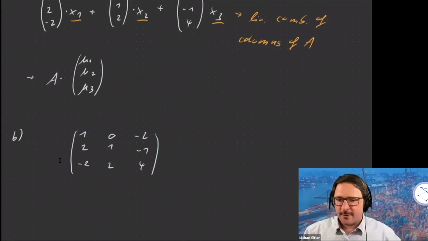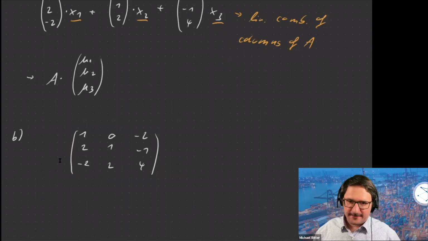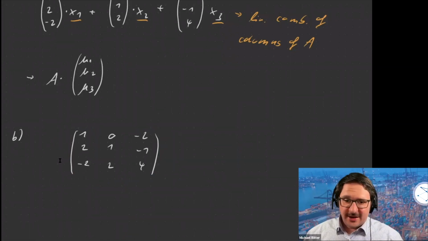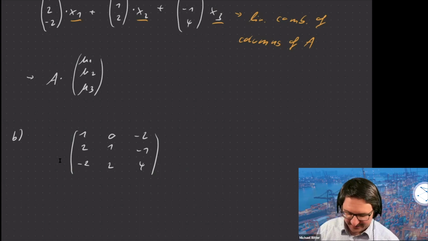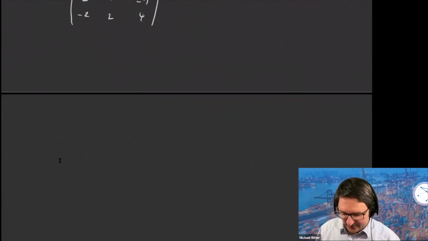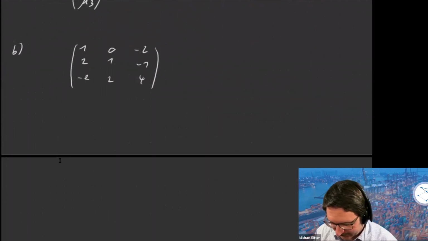And now we want to combine the rows of A. Now, what do we have to do if we want the rows instead of the columns? Well, you remember, what governs the rows basically is the left part of the matrix multiplication. So an idea might be to just try to put that vector on the left side. And if you want to do that, we have to do something like this here.